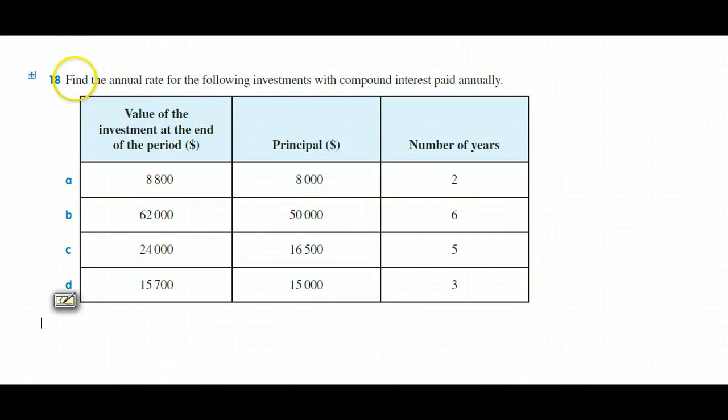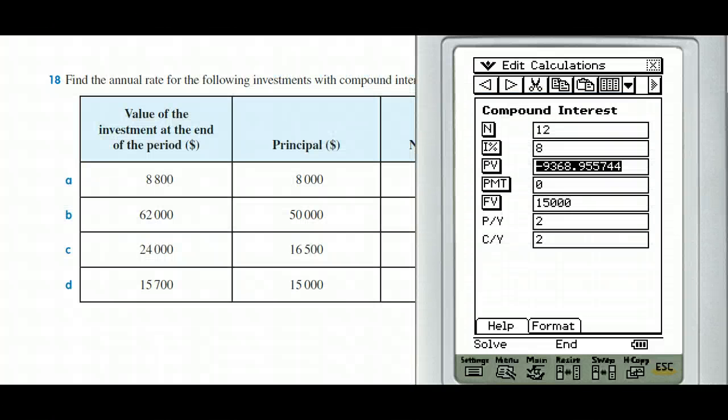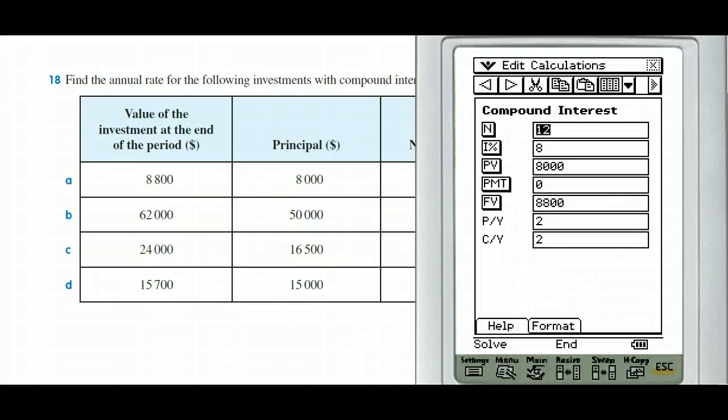Okay, finally question 18, we've got to find the annual rate for the following investments. So they've given us all the amounts all nicely set out here, and all we've got to do is put them into the calculator and get our values for I. So for the first one, the end amount is 8,800. The initial amount was 8,000, and the number of years was 2.